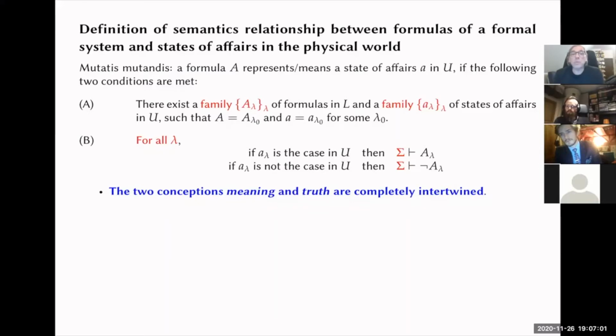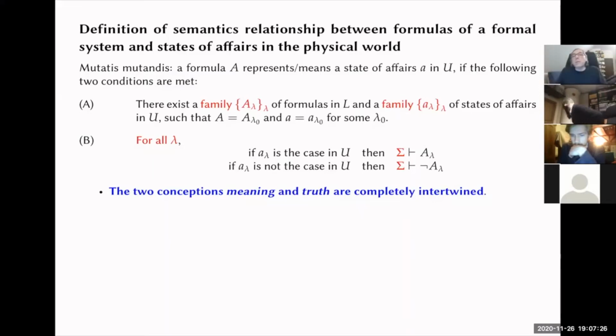And of course, due to the fact that meaning and truth are completely intertwined, not only meaning, but truth is a holistic conception, essentially holistic. There is no truth or falsity of one isolated statement.